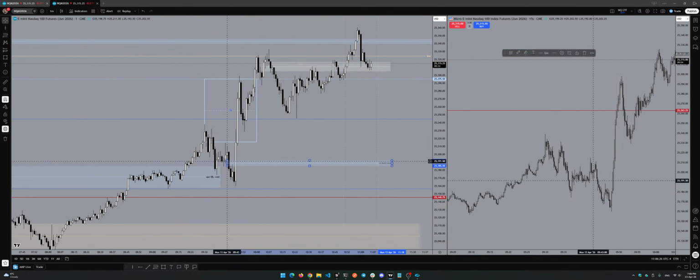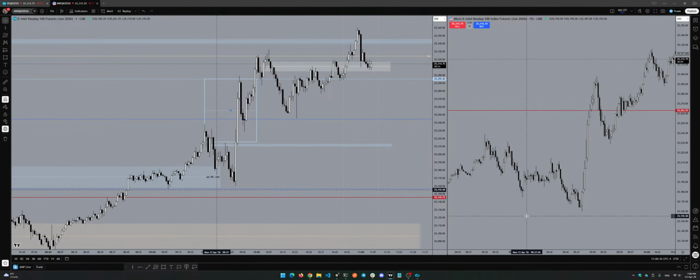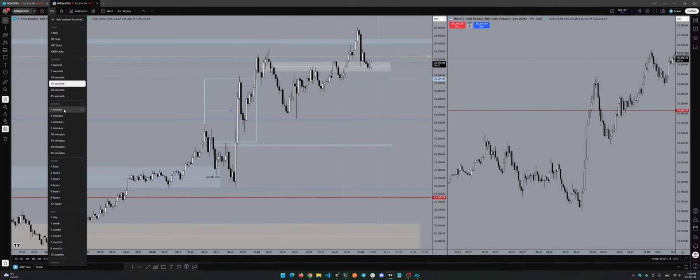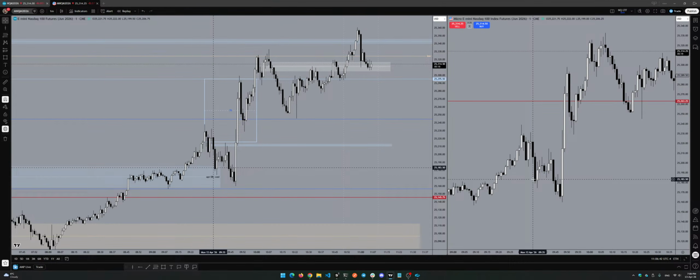Actually, instead of this, I will use this because their size difference is not too big and our FP is probably this one. I need to mark it in the 15-second chart as well.